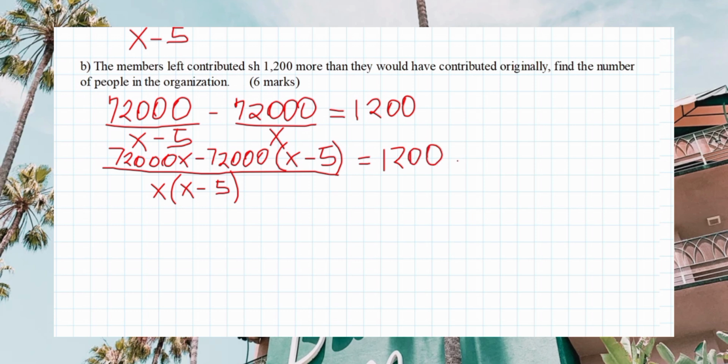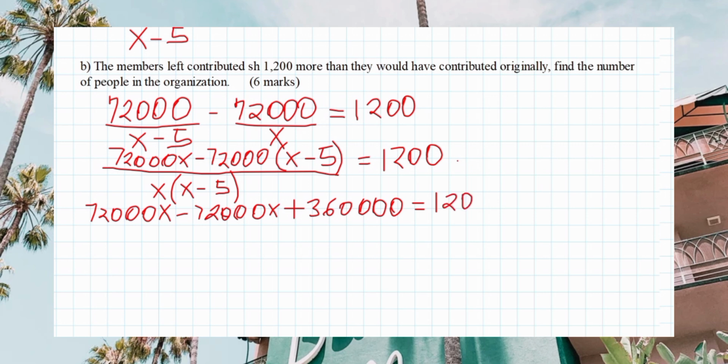Then we can open up the numerator and multiply both sides by the denominator, which is x into brackets x minus 5. If you open the numerator, we have 72,000x, take away 72,000x, and then add 360,000, and this is equal to 1,200 multiplying x squared take away 5x.